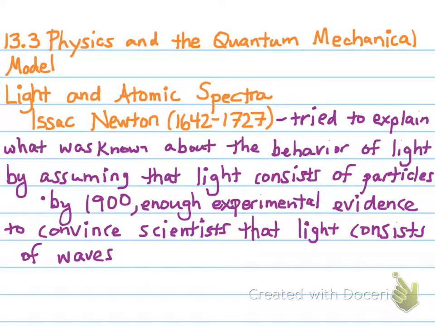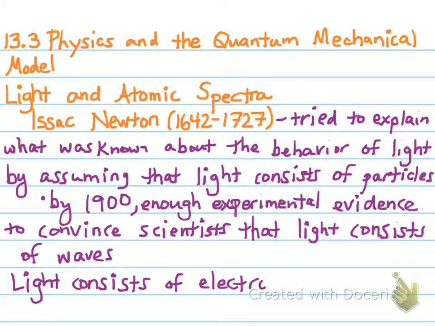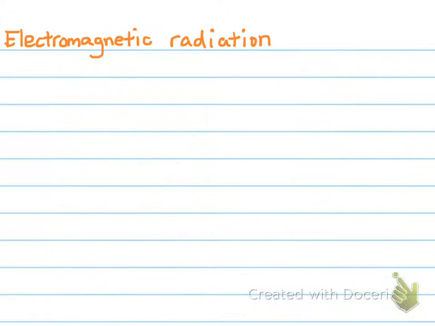And in fact, scientists know that light consists or is made of electromagnetic waves. So, electromagnetic waves means we're talking about electromagnetic radiation.